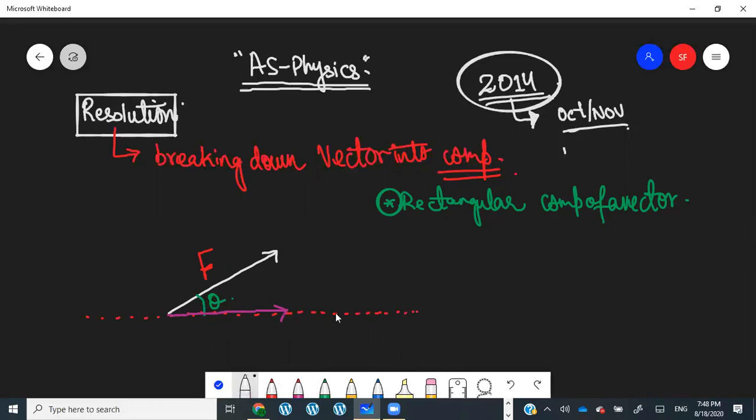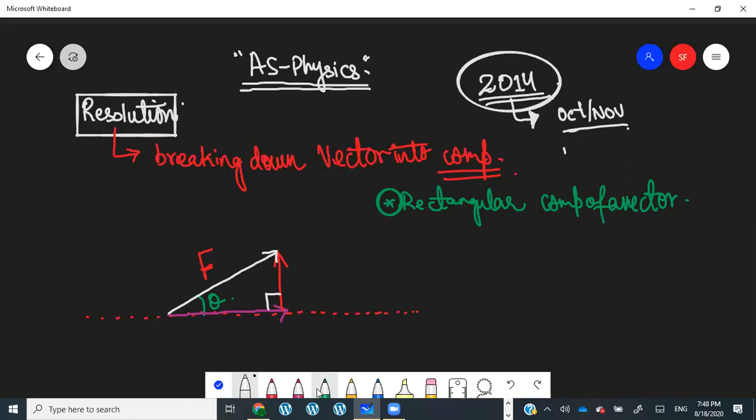Okay, and this component can be calculated using the trigonometric ratios, whereas there is another component which is right perpendicular to this component, and when you add these two components together by using the head to tail method, you get the resultant vector. The resultant is the vector itself. These two vectors are at an angle of 90 degrees to one another.